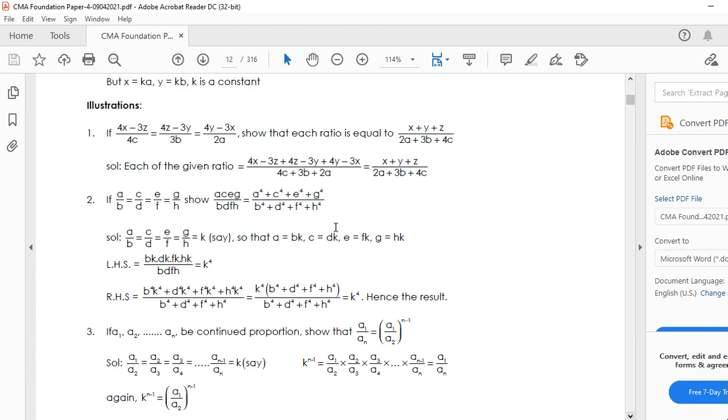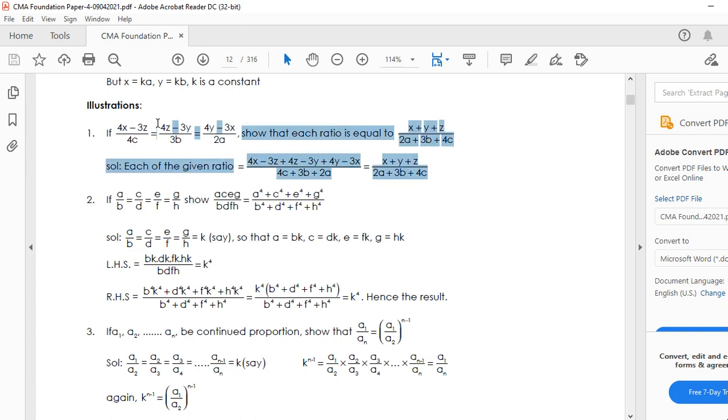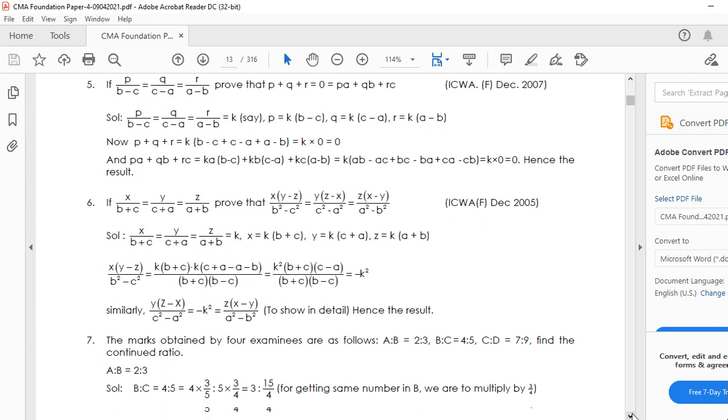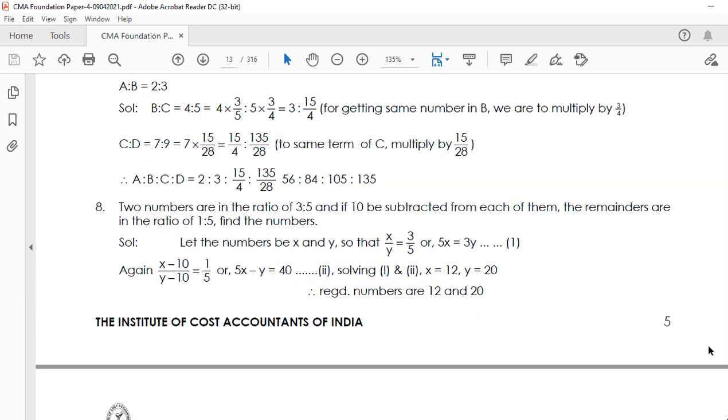And then after this you have a few solved problems. So there is a solution already given. So this you guys can understand. So I would not be covering these problems. In case you have any specific problem regarding any specific sum, you can let me know in the comment section. I can cover it in a separate video lecture.